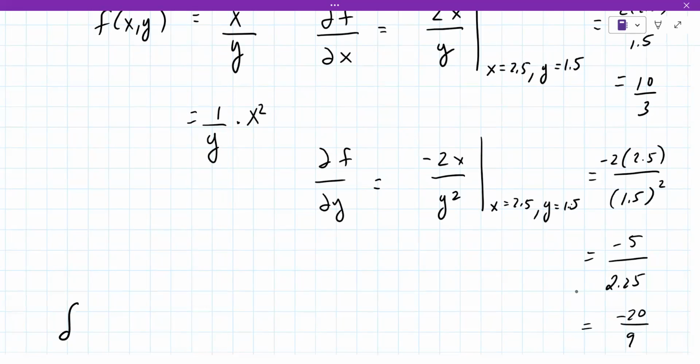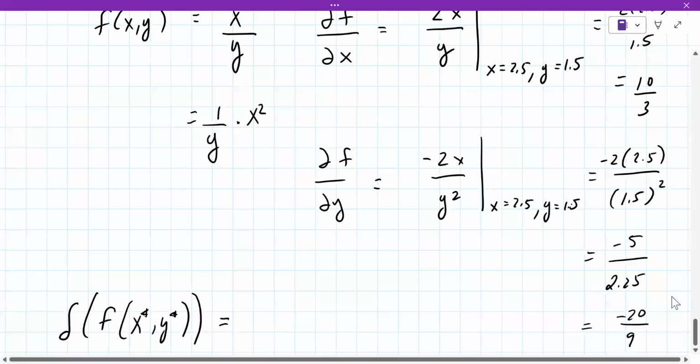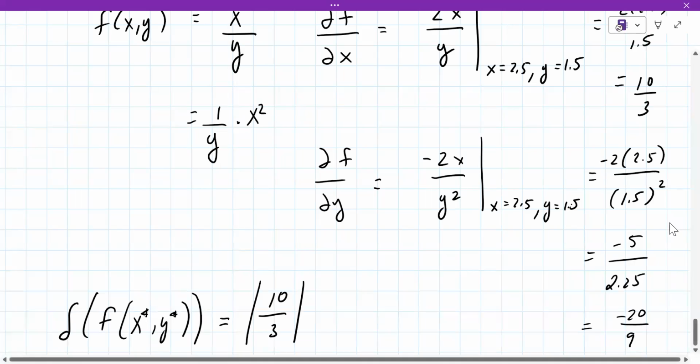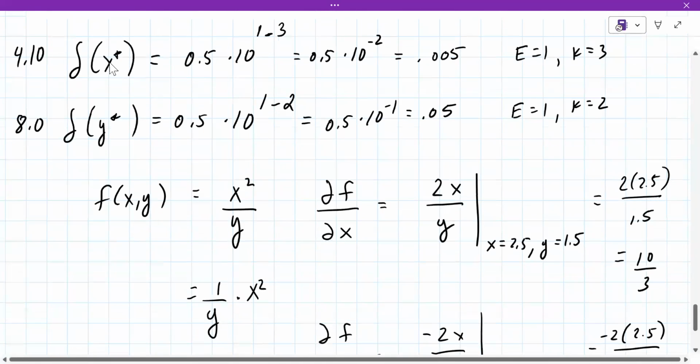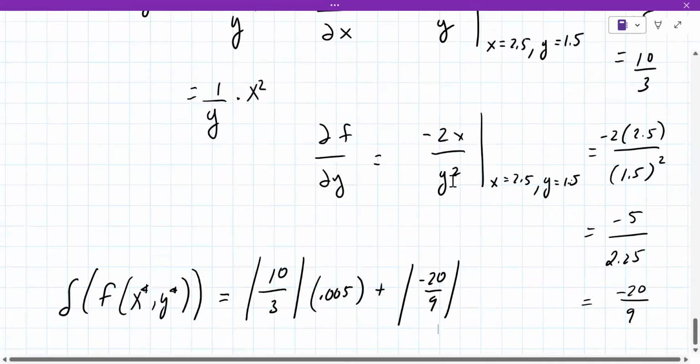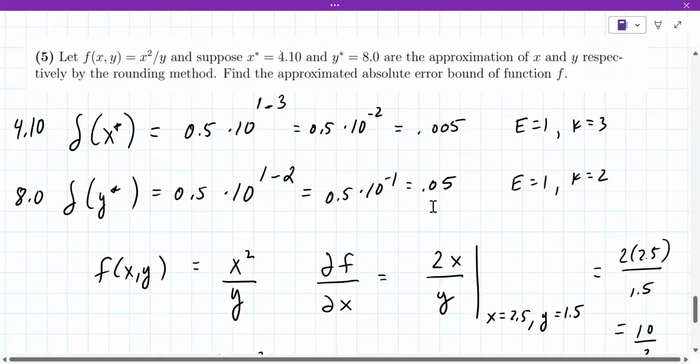Now to find your delta f of x star comma y star, you have to take each of these values. So if you take that 10/3 absolute value, and then you multiply it by the delta x star, which is the 0.005, plus absolute value of minus 20 over 9 times delta y star, which is 0.05.